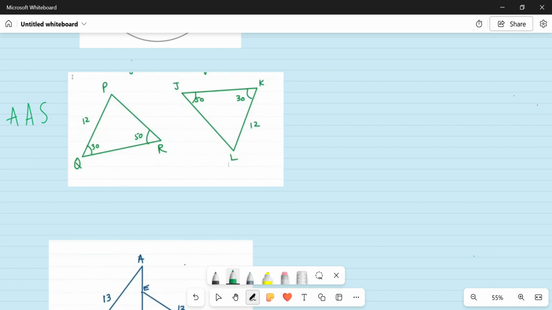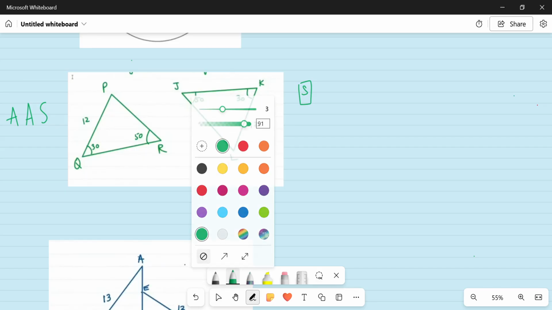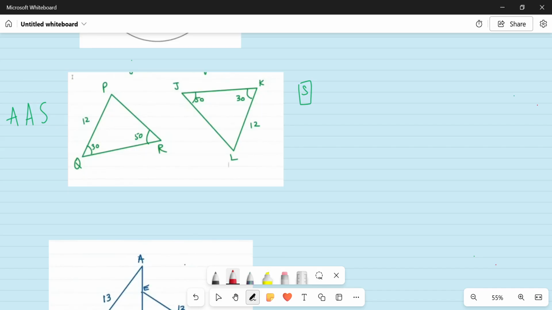So first we are doing the side. Which side is congruent here? Look at this PQ. Let me take another color. PQ here is 12 centimeter, right?